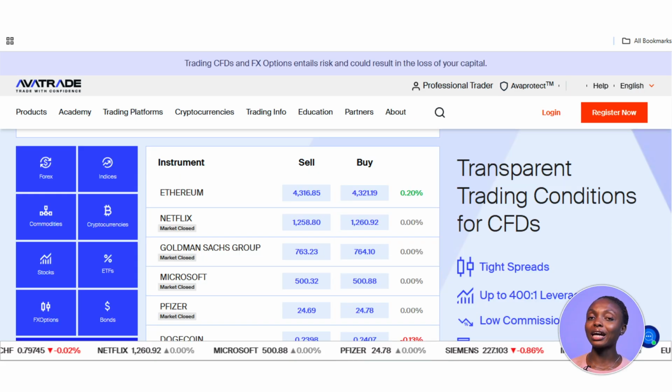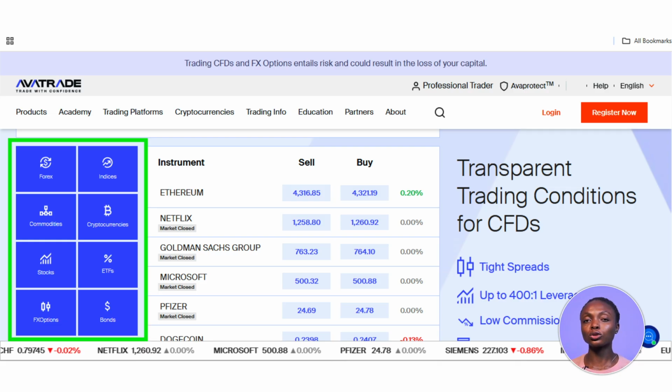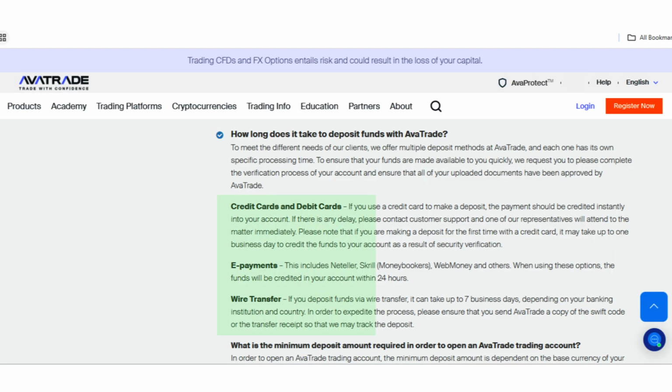If you are to trade with AvaTrade, you will be trading certain instruments like Forex, indices, commodities, cryptocurrencies, stocks, ETFs, Forex options, and bonds. Credit cards, wire transfer, and e-payments are all the available means of making deposits and withdrawals via AvaTrade.